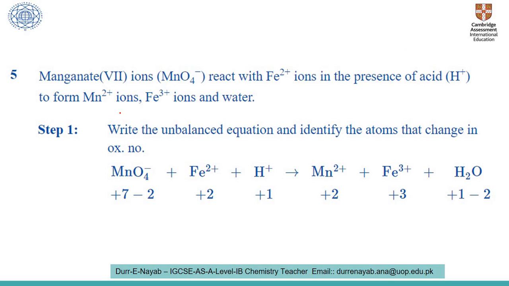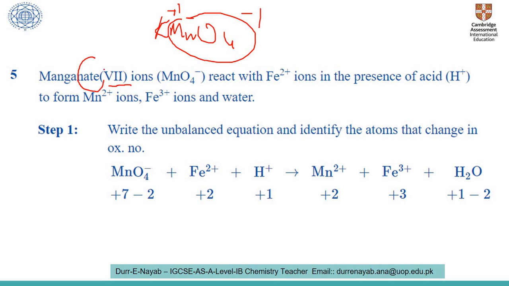Now this is another example. In this example they have taken permanganate, this is from KMnO4. In KMnO4 the K is +1 and this whole is considered as -1.